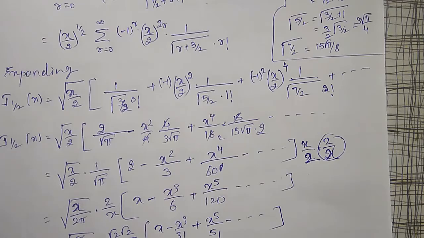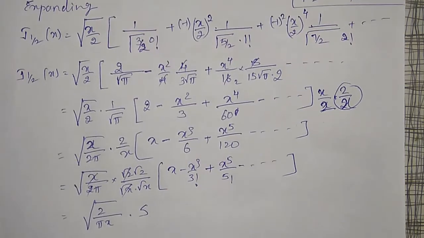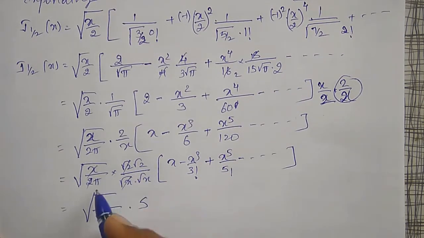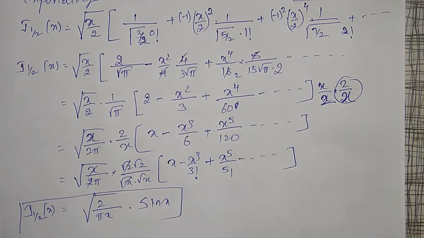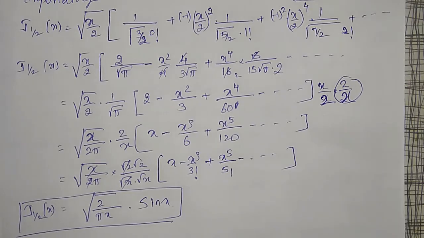Here root x cancels, and 2 cancels, and this I will write as sin x. Therefore J half of x is equal to square root of 2 divided by pi x into sin x. I can prove it like this.